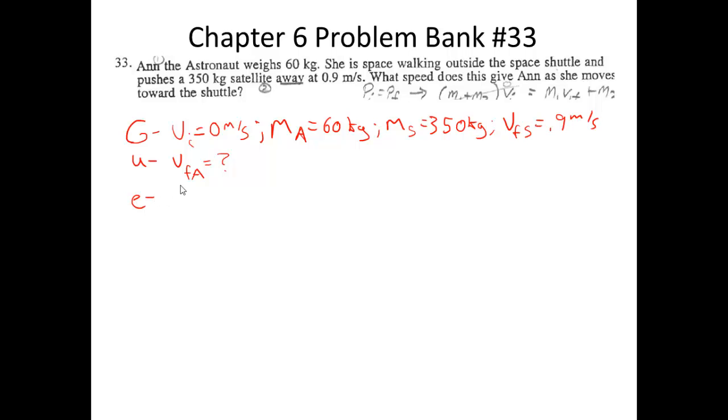Our equation, the same as number 31, will be our initial velocity of the two times both masses, mass of the satellite, mass of Ann. So that gives us our total momentum initially is equal to the total momentum final.